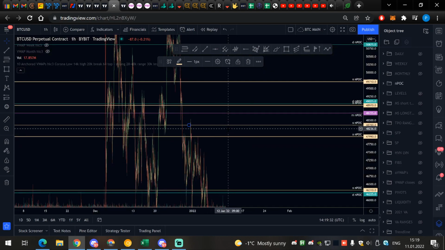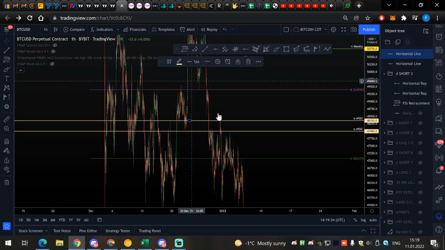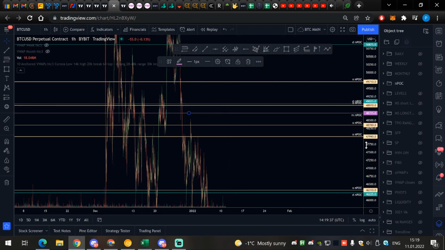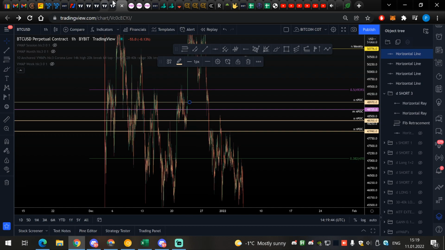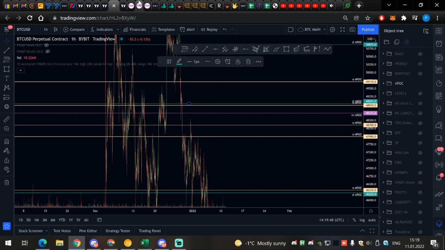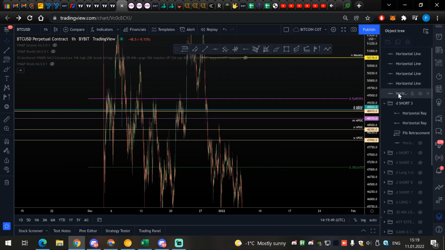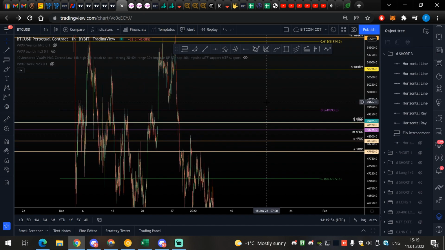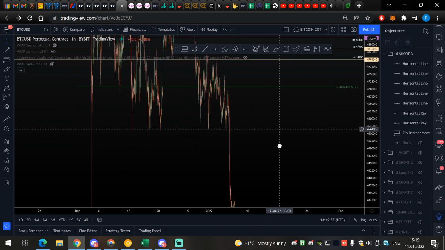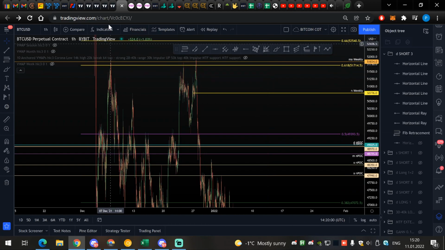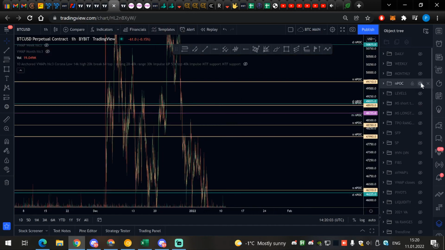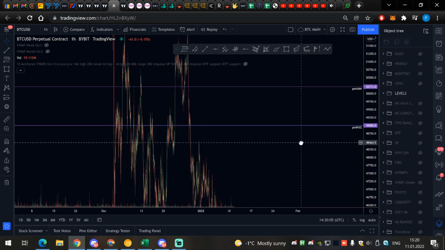Yes, I love this area. A lot of naked liquidity. From the levels, we have previous point of control, and yep.